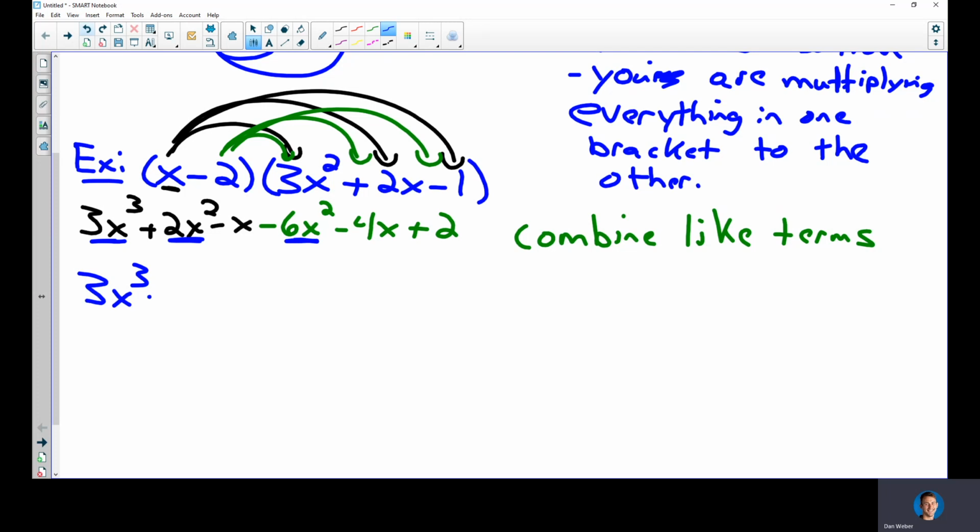So that's going to be -4x squared. -1 and -4, -5x, and then the plus 2. Done. That's the answer. That's as much as you can do. Now we're just doing this for a bunch of them.